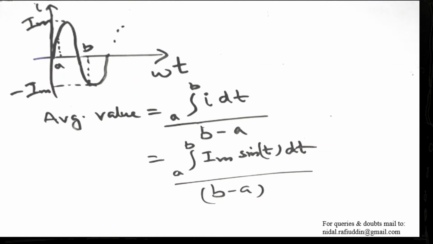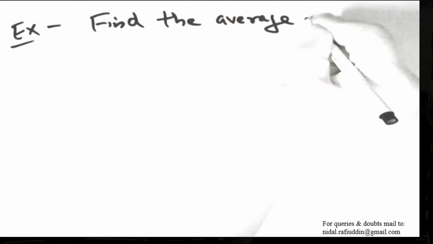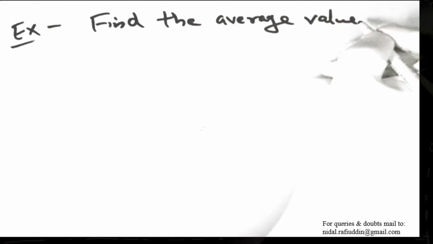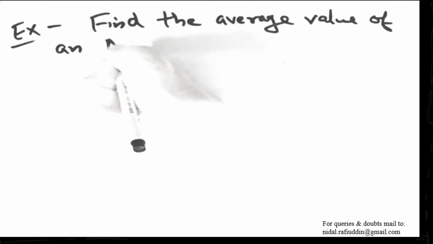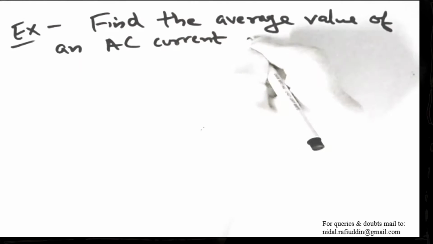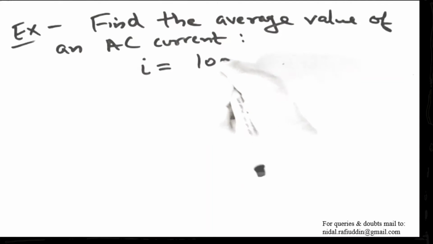Now let us try to understand this by a simple example. Let's say we are interested to compute the average value, and so suppose that we are interested to find the average value of an AC current, which is given as, let's say, I equal to 100 sine.